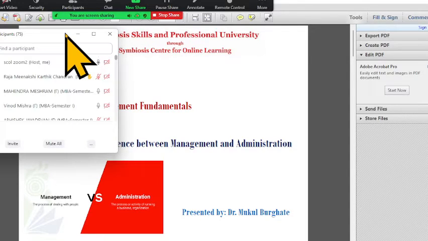Management involves 5 functions: planning, organizing, staffing, directing and controlling. These 5 basic functions were given by Taylor, which we have already seen.